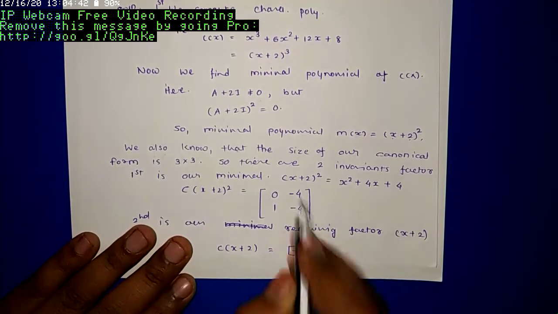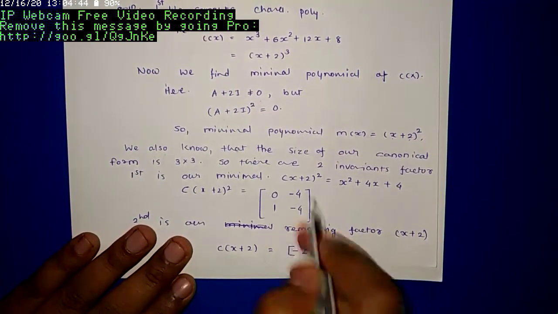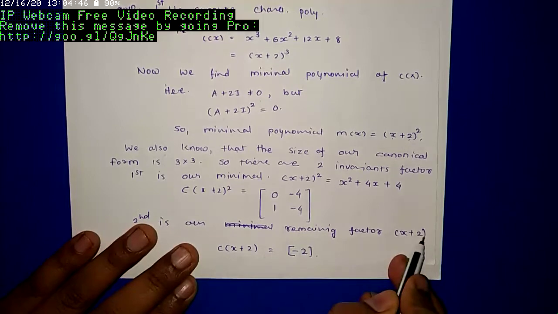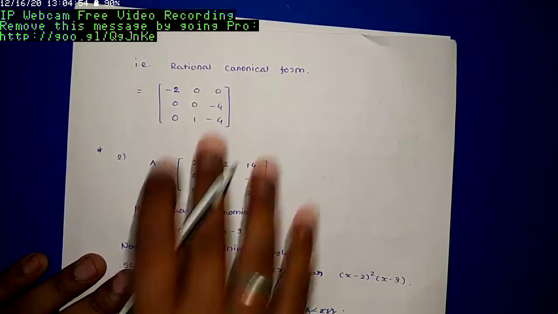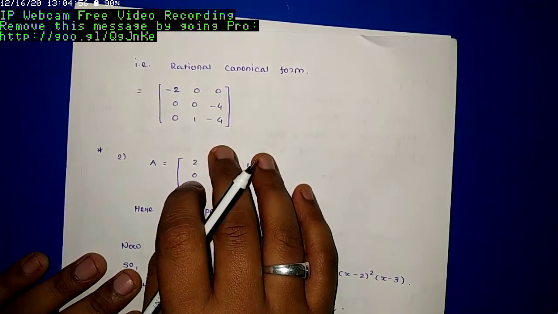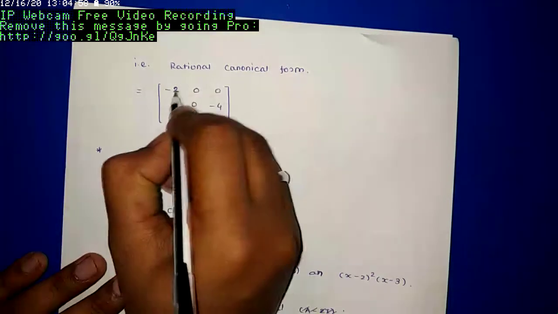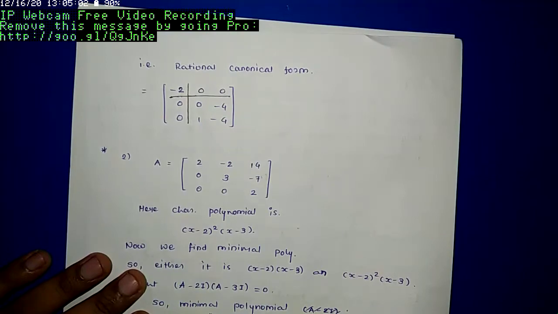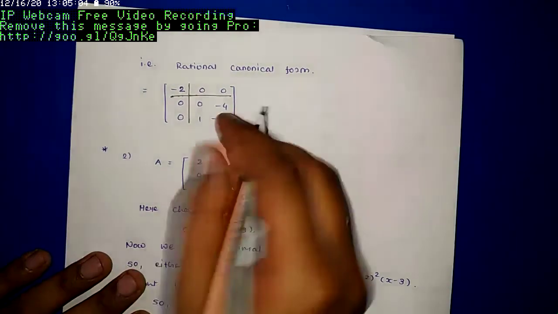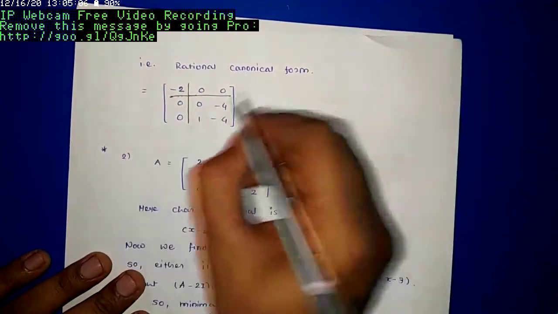For (x+2)^2, the companion matrix is like this, and for x+2, the companion matrix is -2. If we combine these two companion matrices, we get our rational canonical form. It is not necessary that we write it like this.